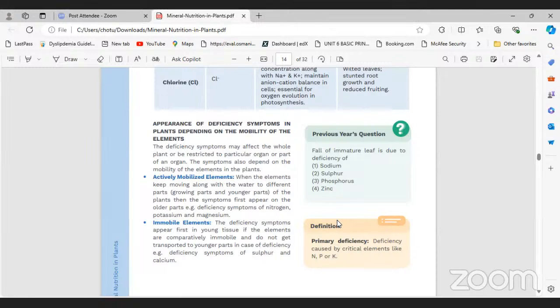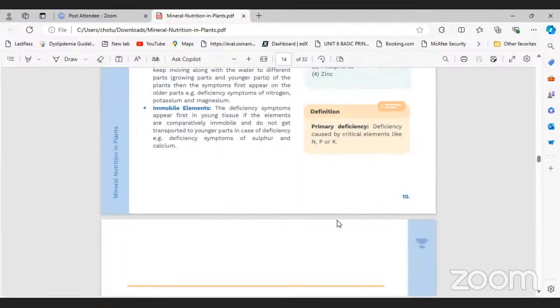Then the symptoms first appear on the older parts, as in the deficiency symptoms of nitrogen, potassium, and magnesium. For immobile elements, the deficiency symptoms appear first in the young tissues, because the elements are comparatively immobile and do not get transported to the young parts, as in the deficiency of sulfur and calcium.